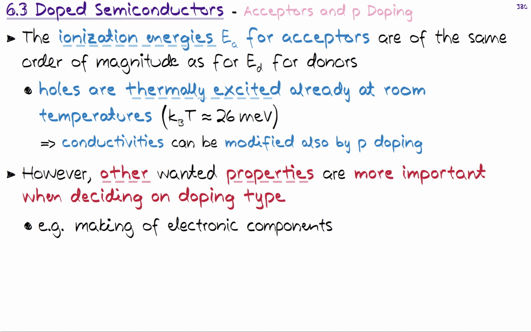So if you were wanting to make semiconductor components, so electronic components, for example a diode or a photovoltaic cell or a transistor based on semiconductors, essentially we would be wanting to make a junction or a device known as a PN junction.